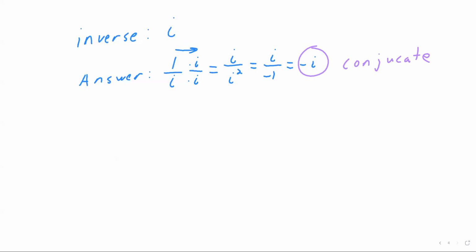So basically, let me pause here. I want you to do exercise number 1 on the next page. Just number 1. I just want you to find the inverse of 2i.